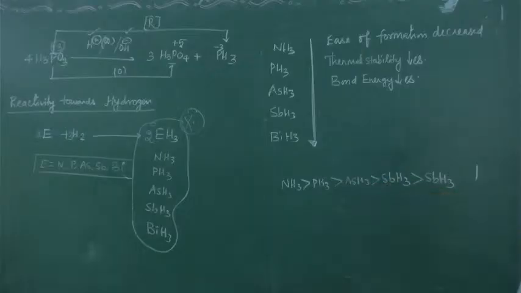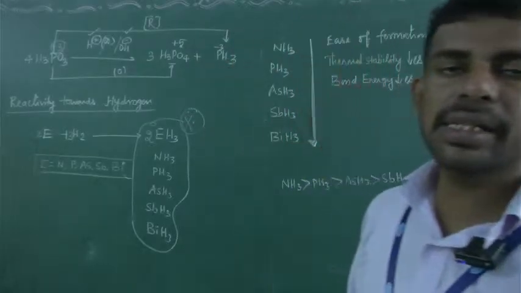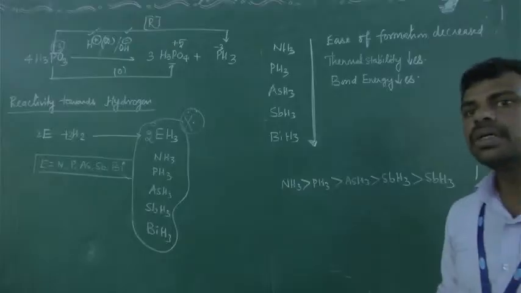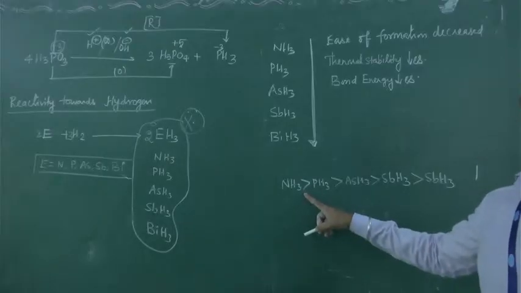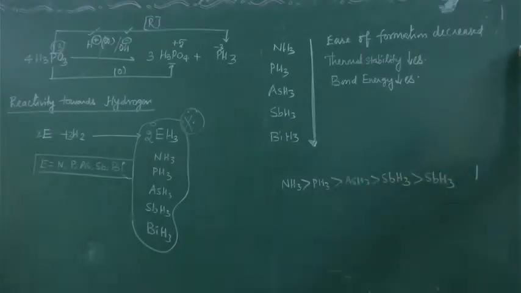Down the group, bond energy and bond dissociation energy, both are the same, decreases. If the bond energy is higher, it is N-H. Is it clear? Bond energy and bond length have an inverse relation. If bond length is higher, bond energy is lower. Is it clear? Please note this.